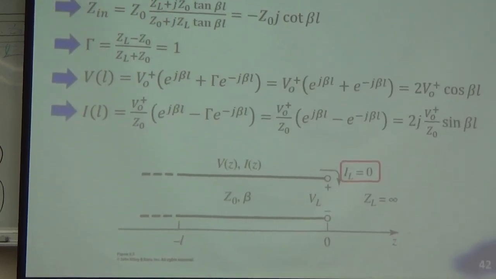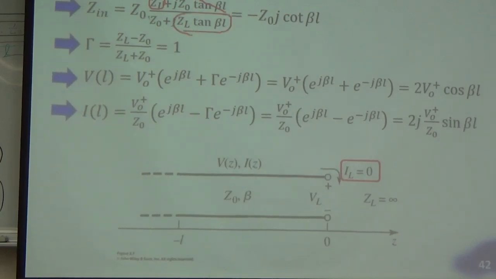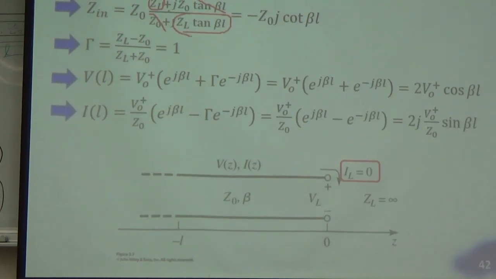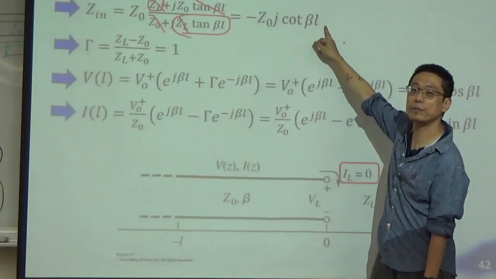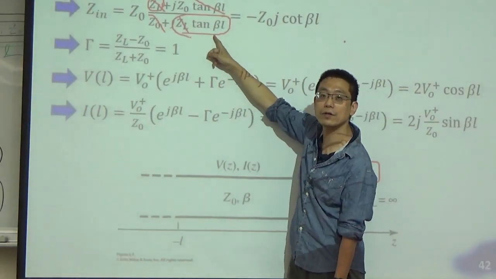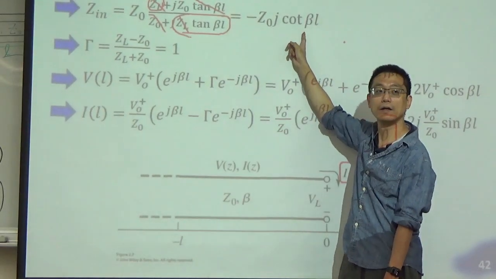Because ZL is very huge comparing to Z0, this one disappears. ZL and ZL can be cancelled by each other, and you are left with minus Z0 multiplied by cotangent beta L. This is 1 over tangent beta L, so it becomes cotangent beta L. Okay?